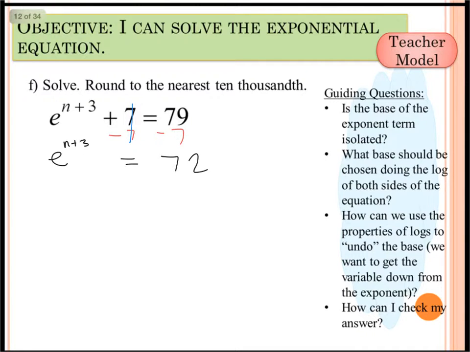So then I want to look at this and think about what base should we choose so that my base is going to just kind of go away. So right now we have base e, and just recall that log base e is very special and very commonly used, especially in science and mathematics.